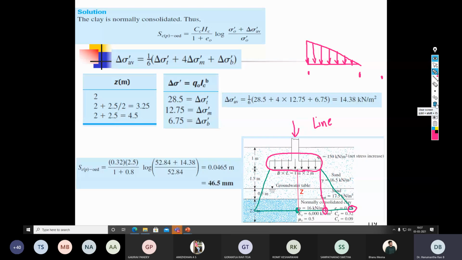But anyhow, no problem. I have covered as elaborately as possible. Only a few things were left out in shallow foundation. For example, we did not attempt how to calculate the bearing capacity. In fact, a lot of things are there. How to calculate the bearing capacity if eccentricity exists in both directions, width and length direction?